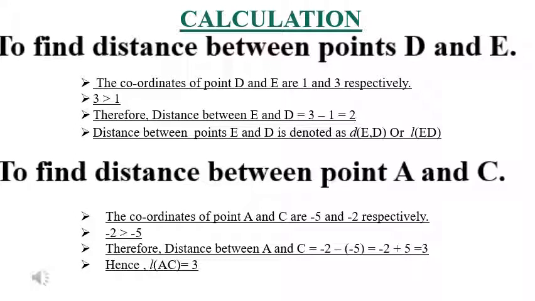So we have minus 2 minus (minus 5). We open the bracket, two negatives become a positive, which gives me 3. Therefore, my distance between points A and C, that is l(AC), is nothing but 3.